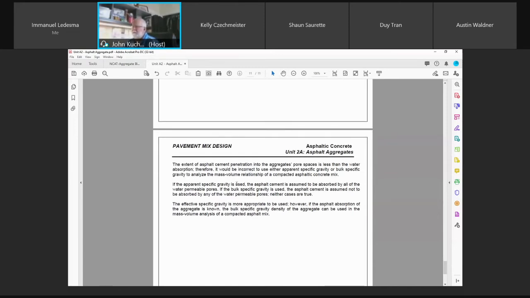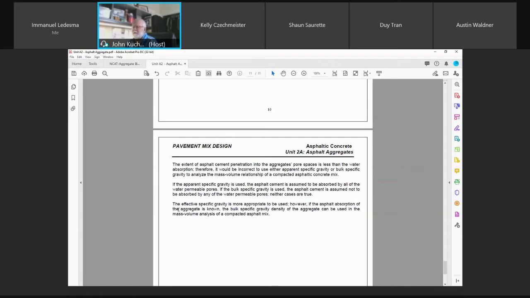If the apparent specific gravity is used, the asphalt cement is assumed to be absorbed by all of the water permeable pores. If the bulk specific gravity is used, the asphalt cement is assumed not to be absorbed by any of the water permeable pores. So neither case is true.